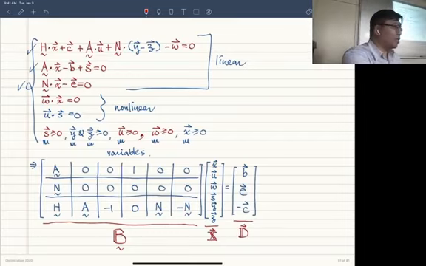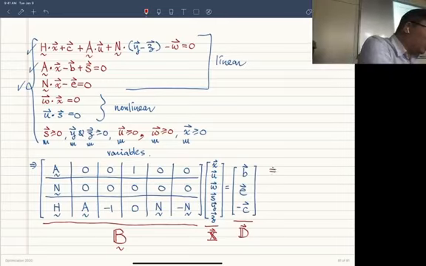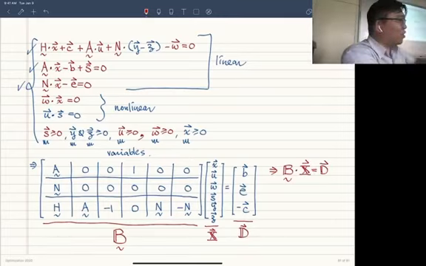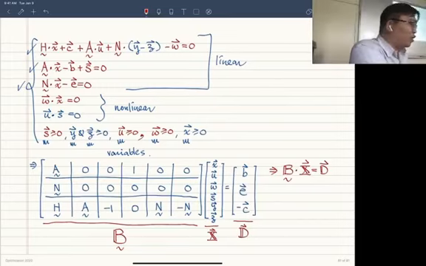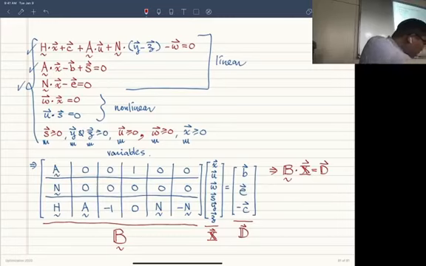So for further derivation, we are going to just use capital B times this capital X equals to capital D. So that will cover the first linear equations in QP. Okay?